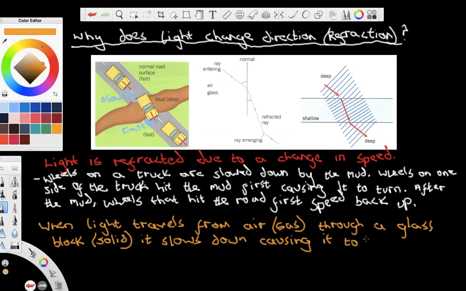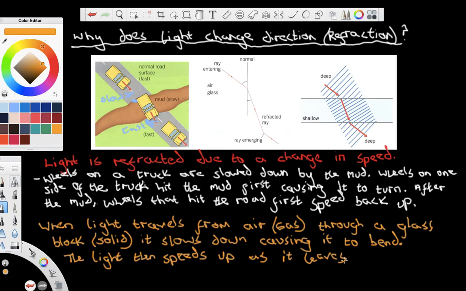Okay? And we can then say that the light then speeds up as it leaves the glass block, causing it to bend again.